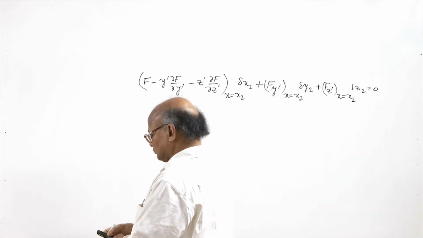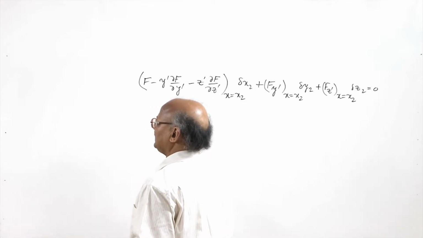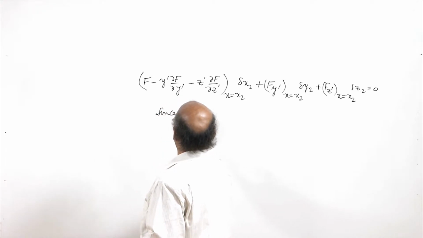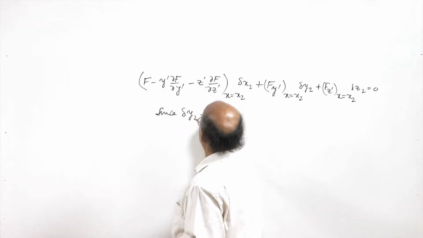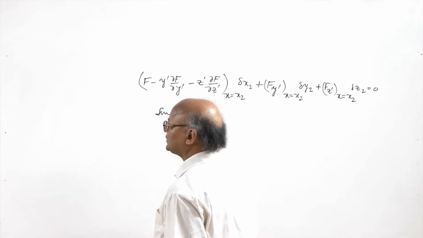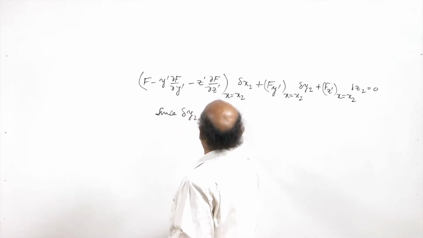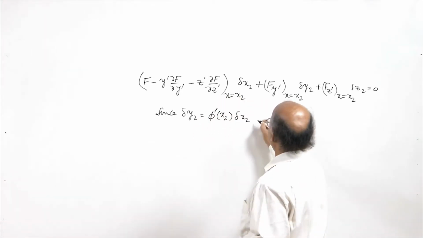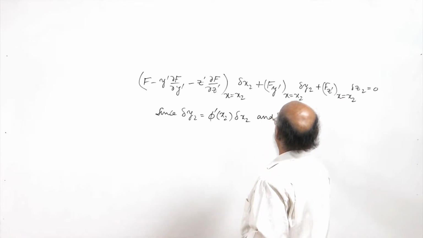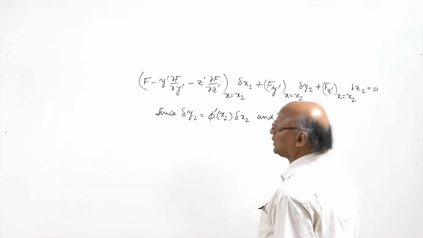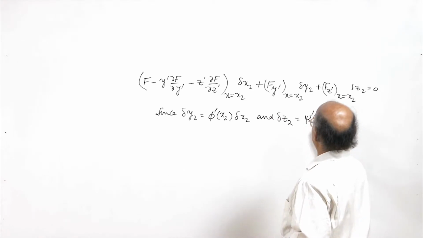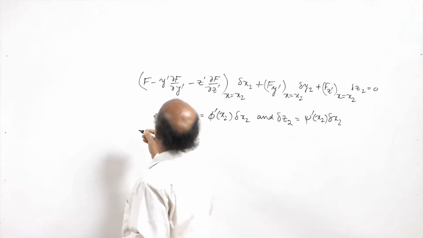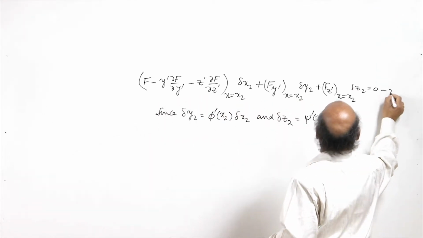Now, we have δy2 = φ'(x2) δx2 and δz2 = ψ'(x2) δx2. This equation we have called equation 2.